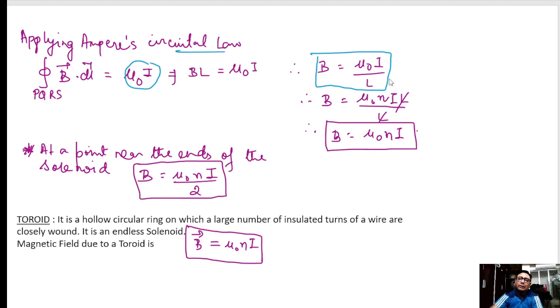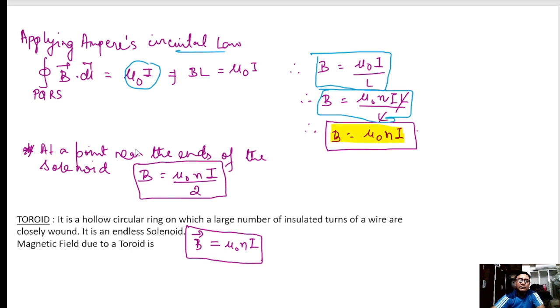Now what is the total current? If there are n turns, the total current will be nIL. Total current due to the total length will be nIL, and cancelling that we get this magnetic field due to the solenoid carrying current I having n turns per centimeter.